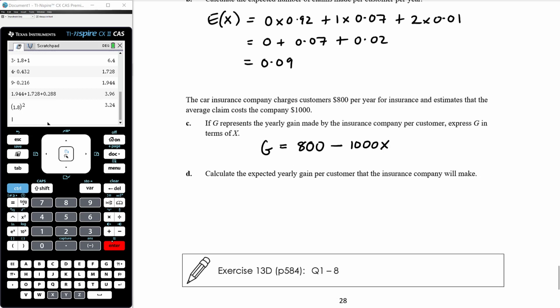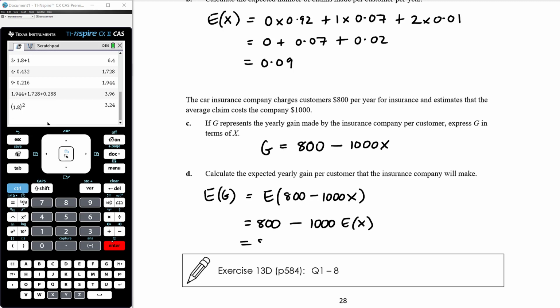Okay, so calculate the expected yearly gain per customer. So we want the expected gain, which is actually the expected value of 800 minus 1000x. And so because that's a linear relationship, we can essentially expand that out. It is 800 minus 1000 times the expected value of x, which is 800 minus 1000 times 0.09, okay, which is 800 minus $90.